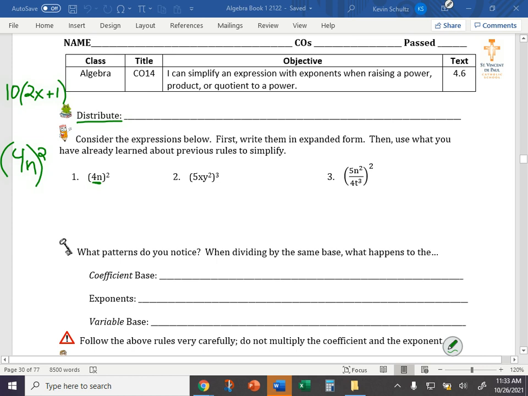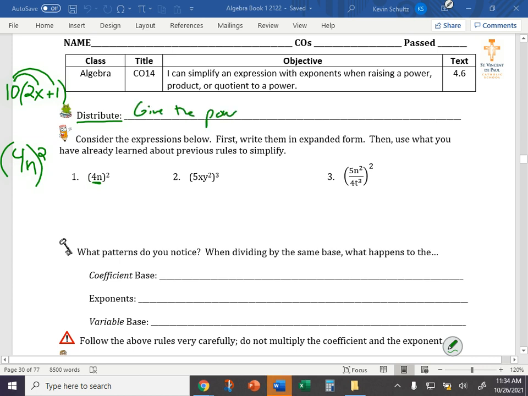In this context here, we're taking this coefficient 10 and we're multiplying it by everything in the parentheses, right? And then you can go and solve your equation from there. In this case, we're taking the exponent outside of our parentheses and we're distributing it to everything inside of the parentheses, every coefficient, every base, okay?